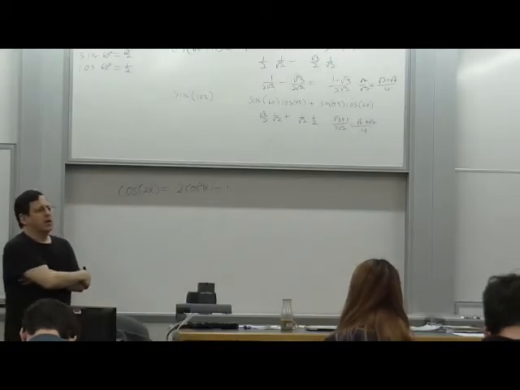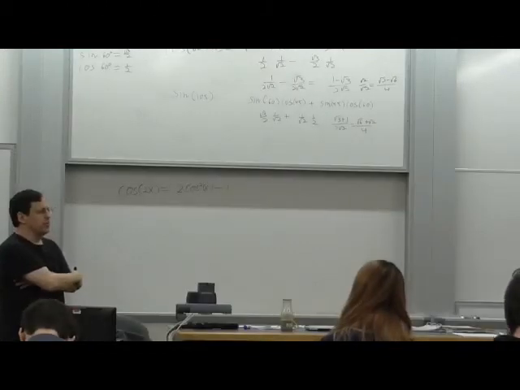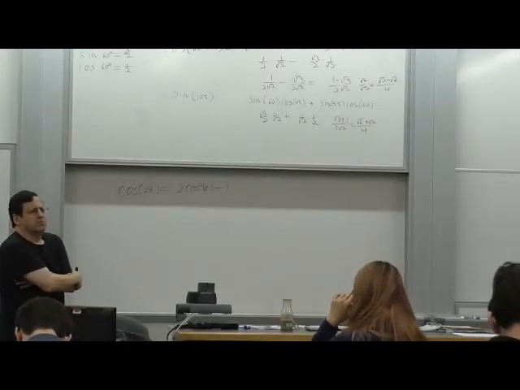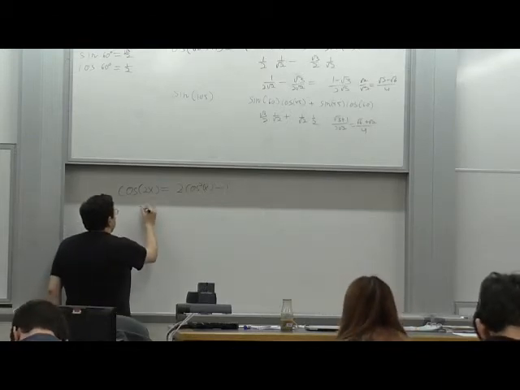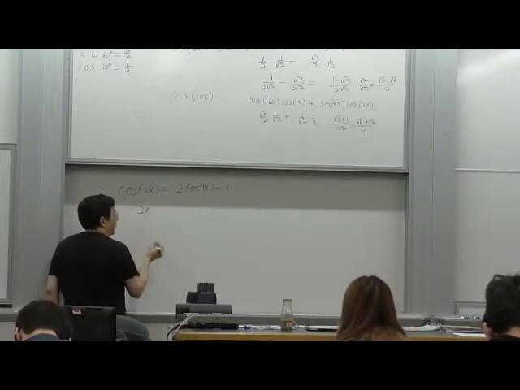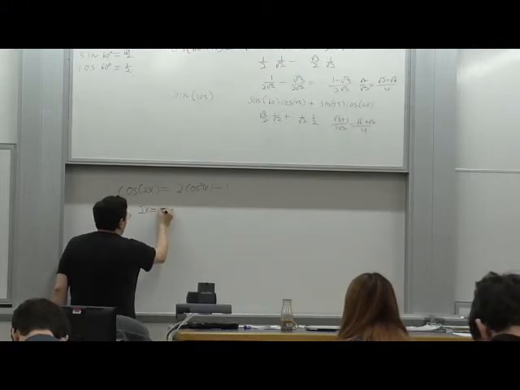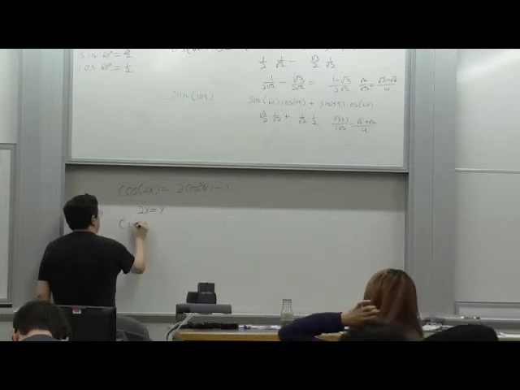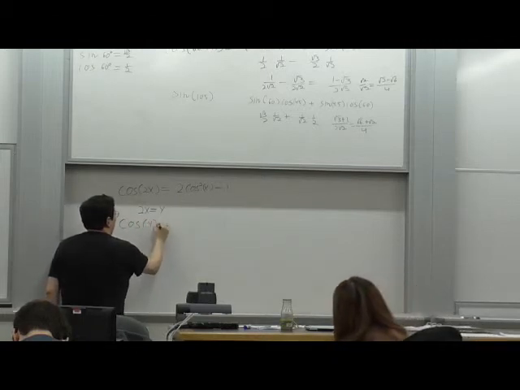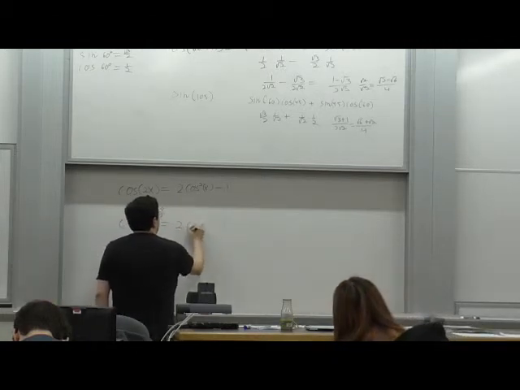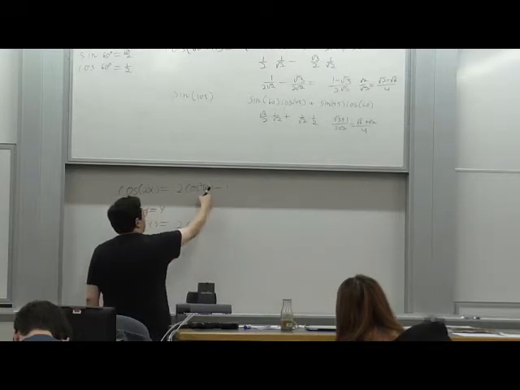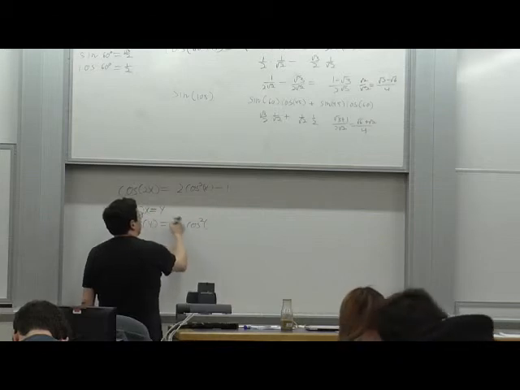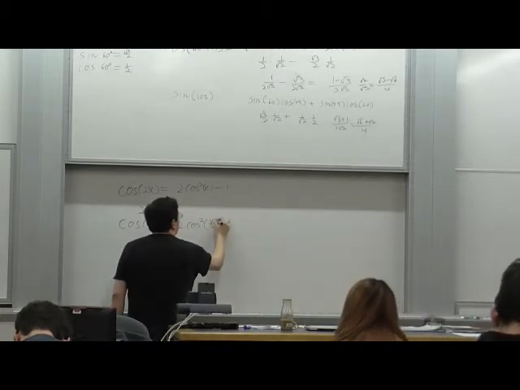Here I'm going to do something that's really simple, but it's like, wow, how did that happen? I'm going to set 2x, so I don't confuse anybody, to y. Now I've got cosine of y equals 2 cosine squared of x. But 2x is y, so x is y over 2.